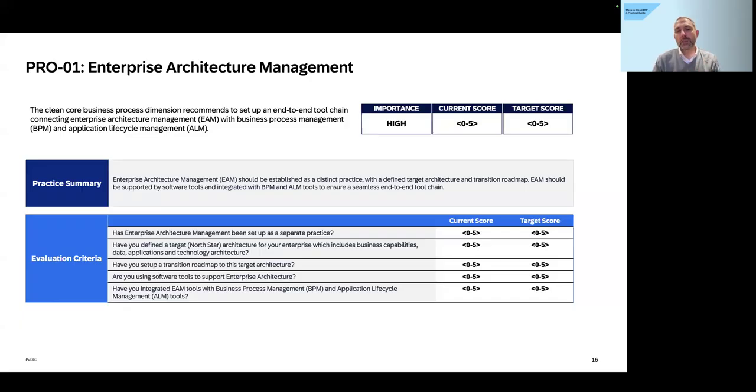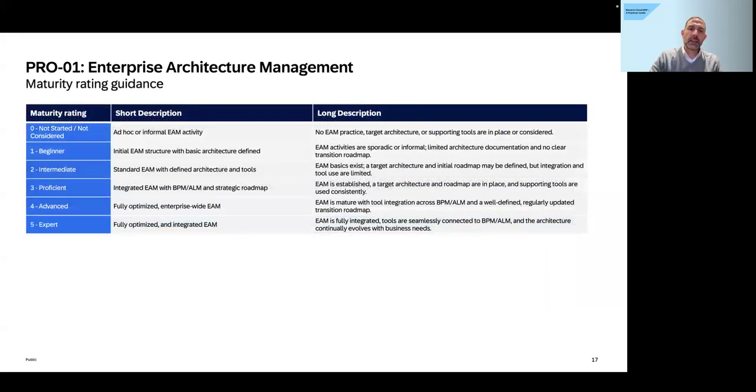I just want to reinforce the message: talking about it already has value. And the fact that we have a scoring behind it gives a clear indication, across all of the clean core principles and all of the practices, of where the biggest gap is and where most likely the next steps should be taken.